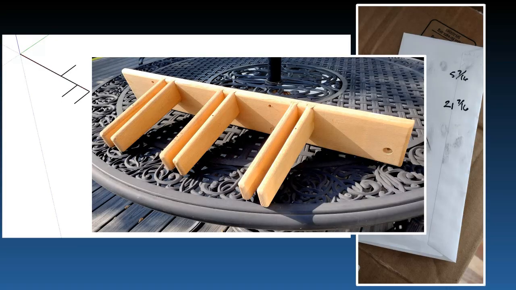And there's the resulting ski rack. So pretty basic, but it got the job done, and it took me less time than it took me to actually make the pot of coffee.